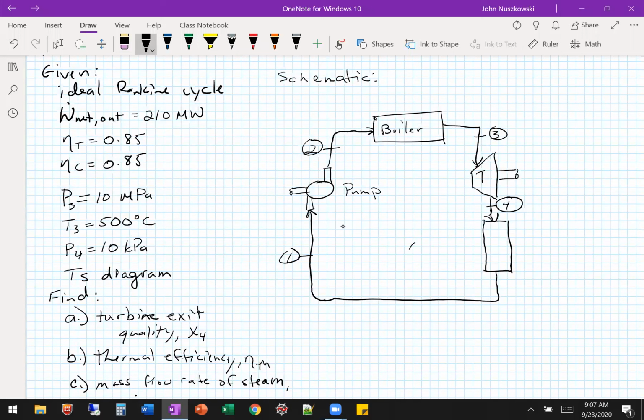Okay, so this is our condenser. All right, so we have some work of the pump here. We have work of the turbine here. We have some heat in the boiler and heat out from the condenser.